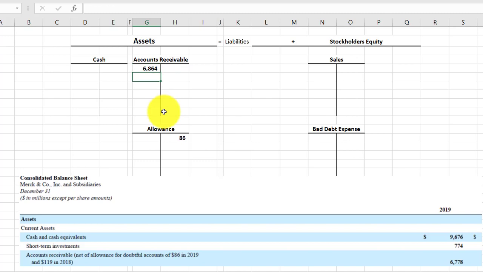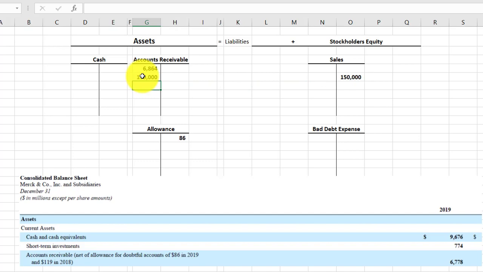Then we're going to think through 2020, and we're going to do it in a really straightforward way. First of all, they sold 150,000.